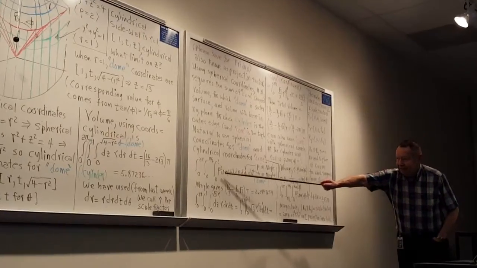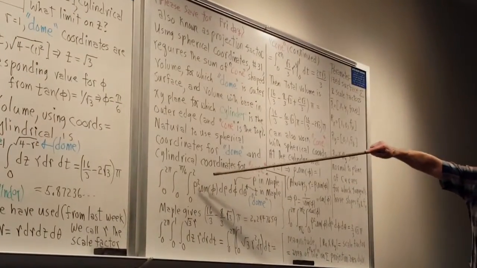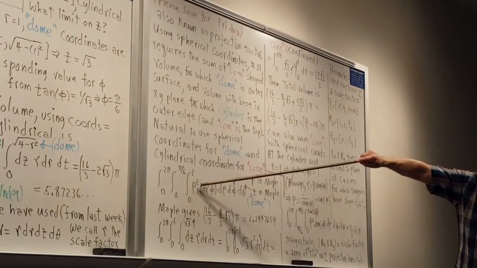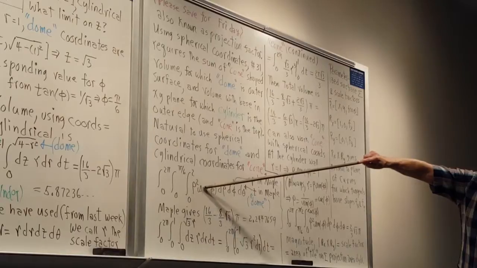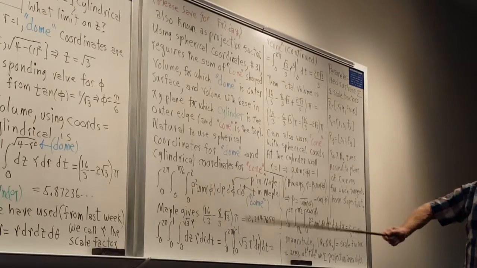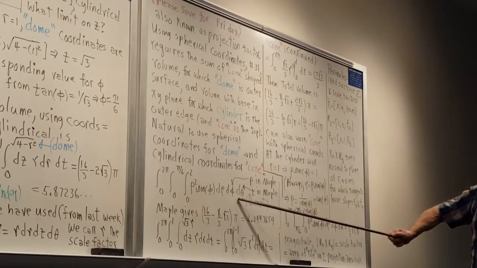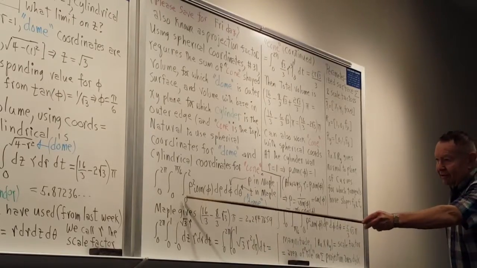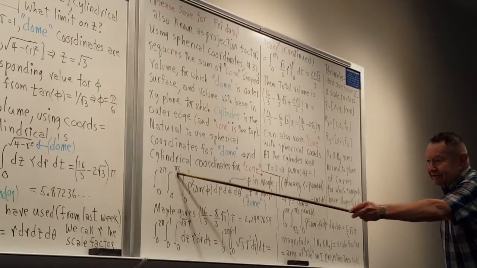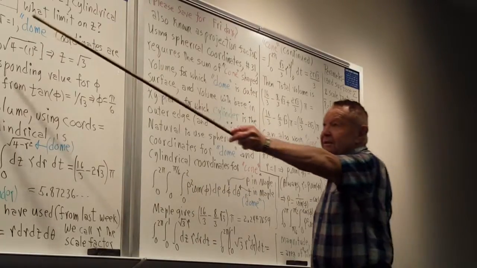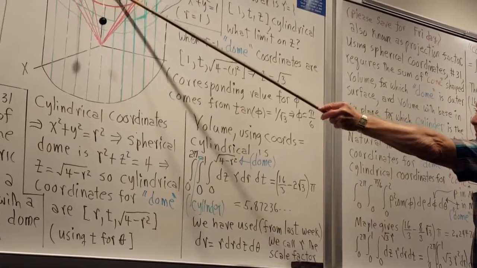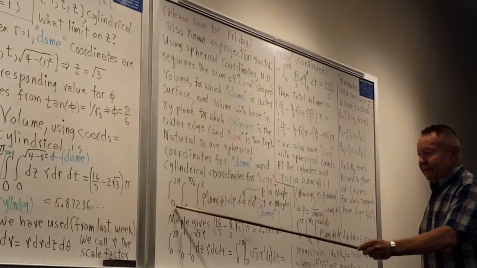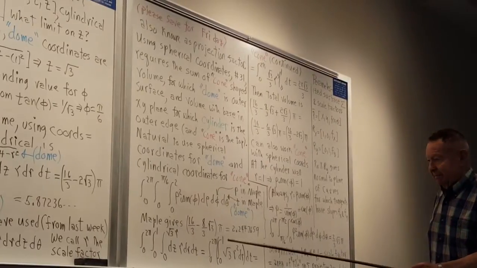So when you're using spherical coordinates, your scale factor or projection factor is the rho squared sine phi, and then you have the d rho d phi d theta, and the rho is 0 to 2, the phi is 0 to pi over 6, as we pointed out, because this is 30 degrees there, and you're going clear around, okay?